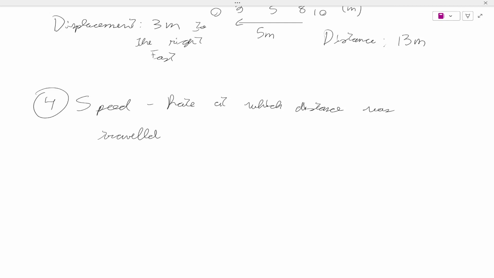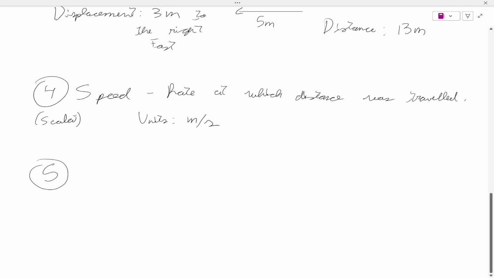It's scalar. So speed is the rate at which distance was traveled, and its units are meters per second. And this is scalar.